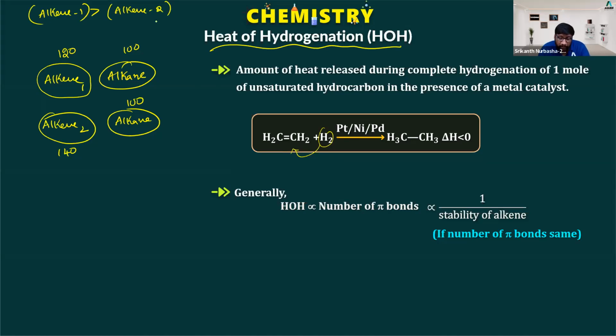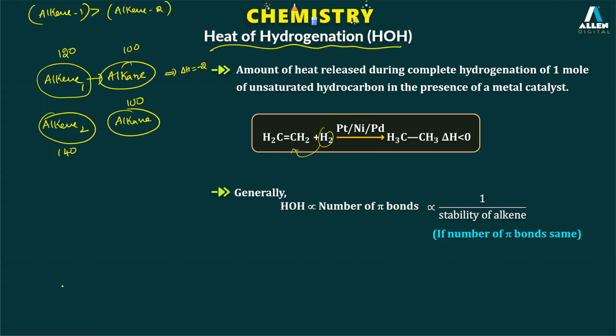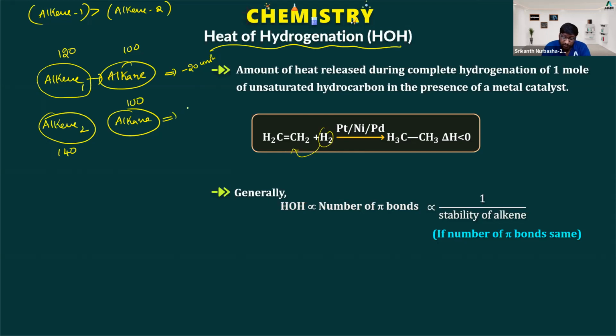Now think of the scenario when alkene 1 is converted to alkane, how much energy is released? 20 units. Delta H will be how much? Minus 20 units. Here how much energy is released? 40. Minus 40 units.